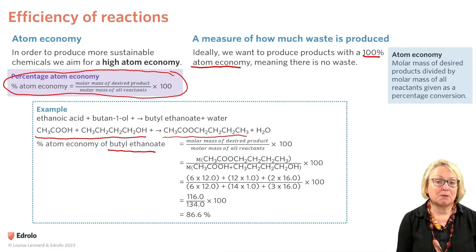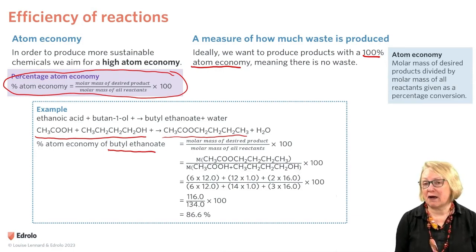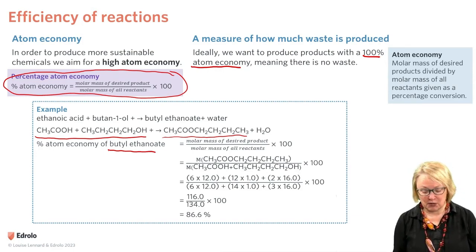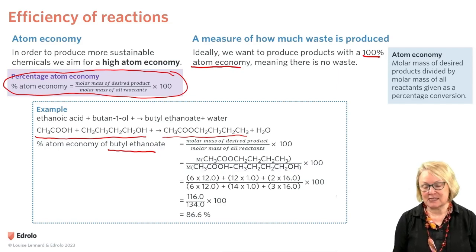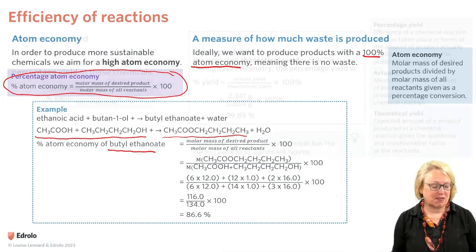So that ends up being 116.0 grams per mole divided by 134 grams per mole times 100 is 86.6%. So that's a relatively high atom economy. Often we're aiming for 100%, so it's lower than that.